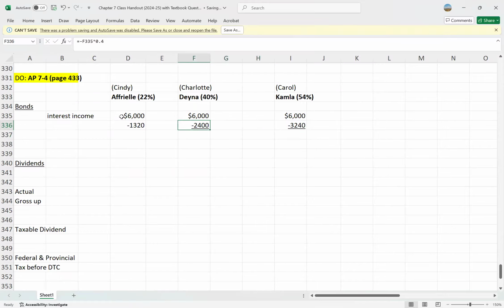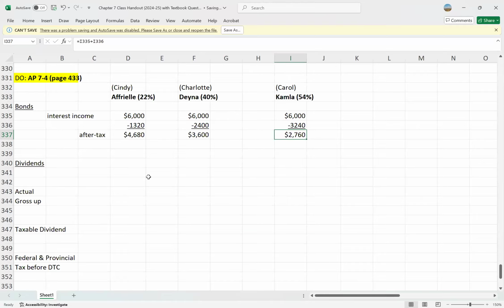So let's figure out how much each sister will have after tax if they decide to invest in bonds. So 4,680 for Cindy, because she's in the lowest tax bracket. 3,600 for Charlotte. She's in the 40% tax bracket. And then Carol will have the least because she's in the 54% tax bracket.